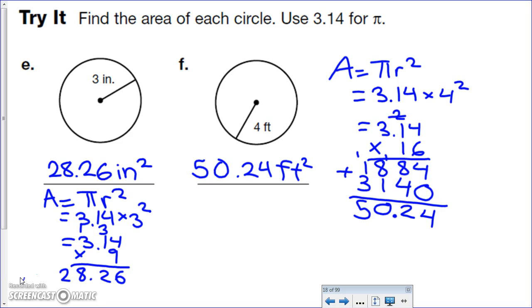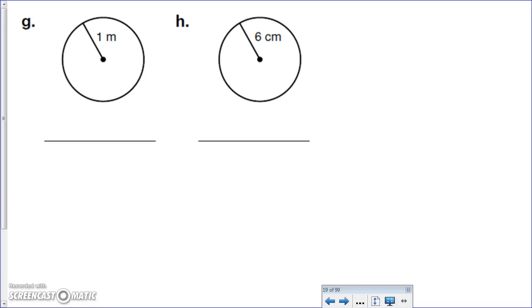And make sure you get the little two on the end of the unit because that's what tells us it's area. Continuing on to G, again, write the formula below the problem. And then fill in what we know, 3.14 for pi and 1 for the radius.